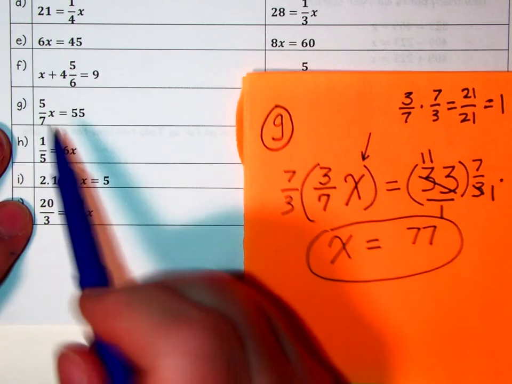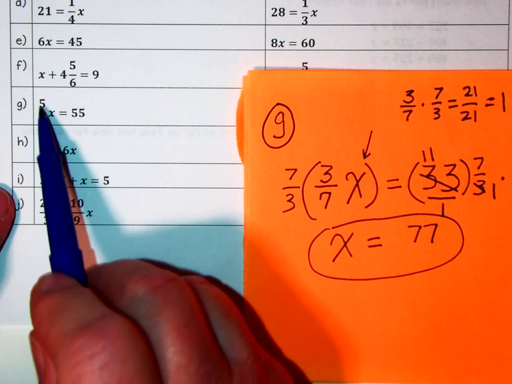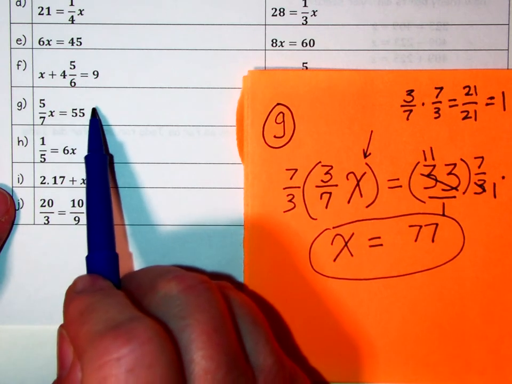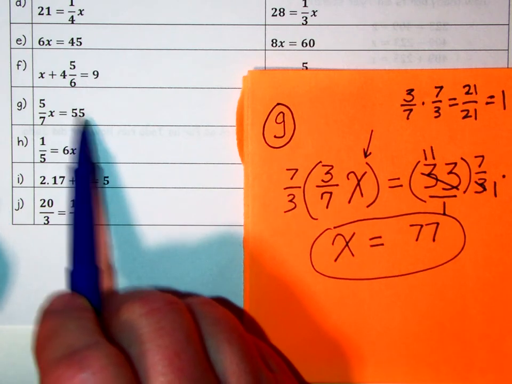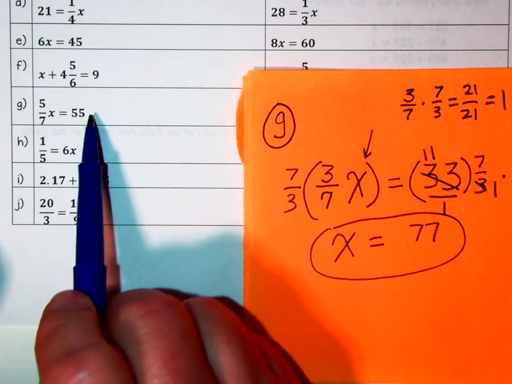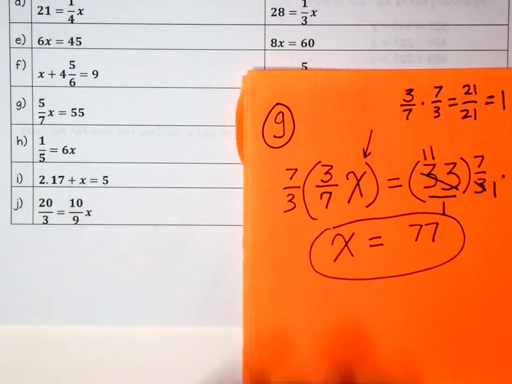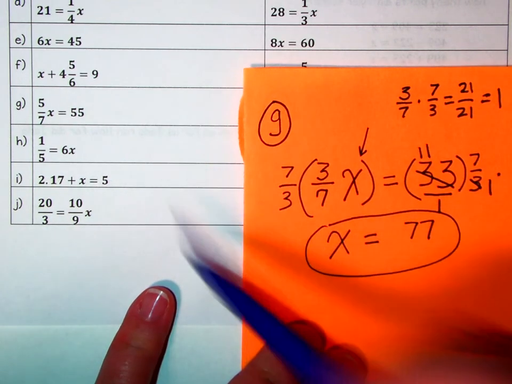So for your equation, the reciprocal that you would want to multiply both sides by is 7/5. And then 55 times 7/5, you would get the same answer. You'd end up with 11 over 1 times 7.